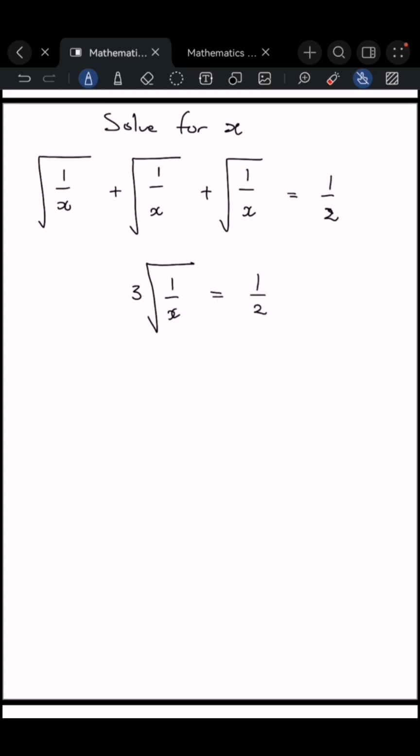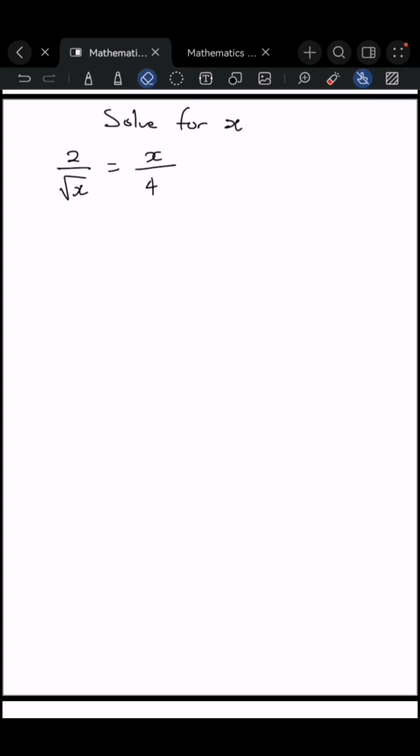We divide both sides by 3. We have the square root of 1 over x is equal to this divided by 3, which is 1 over 6. Alright, and then we square both sides. 1 over x is equal to 1 over 36. Therefore, x is equal to 36.